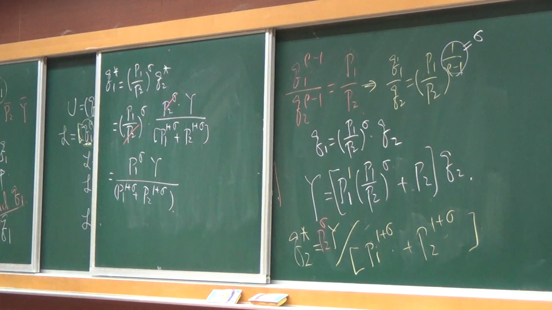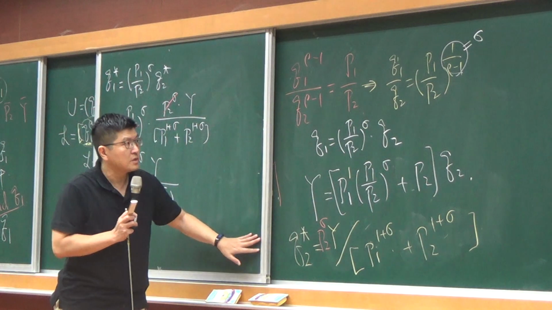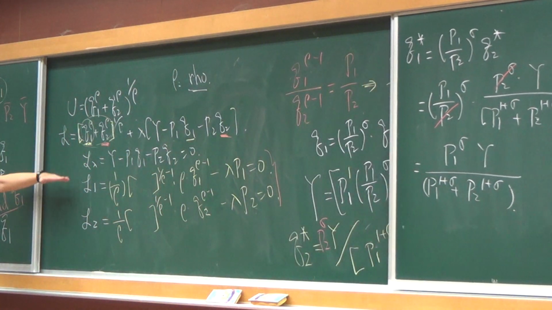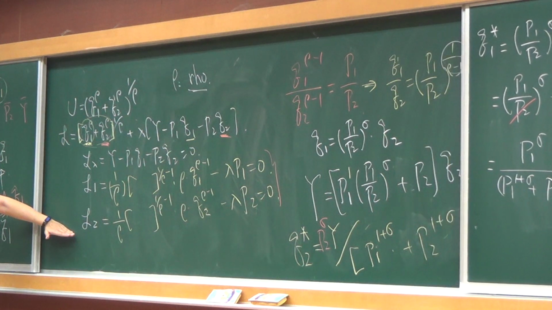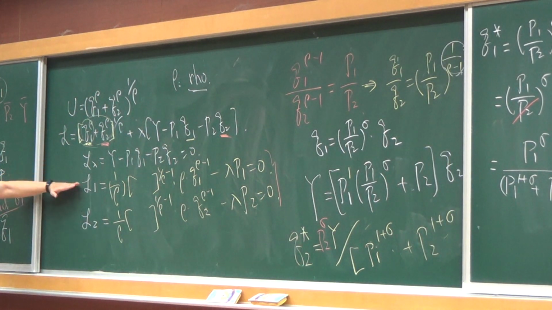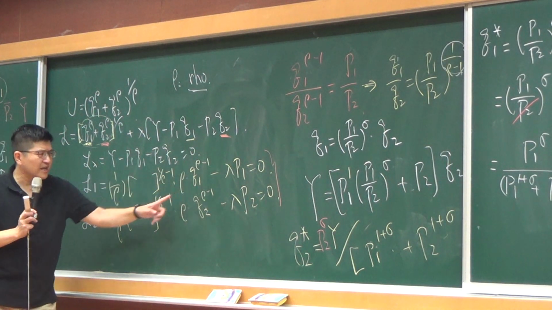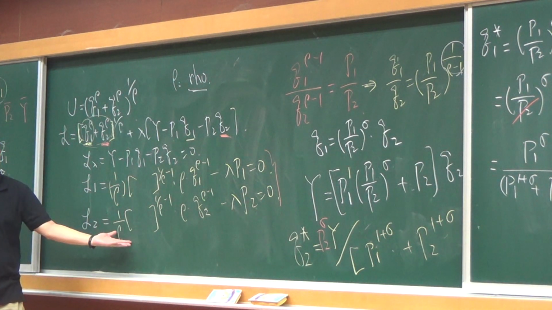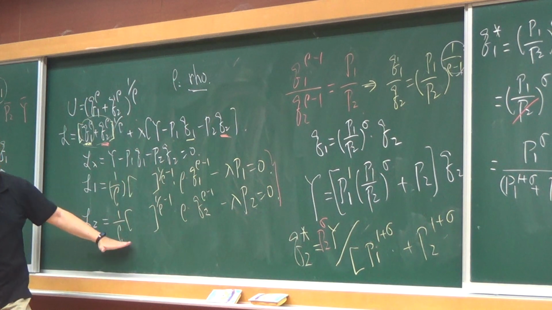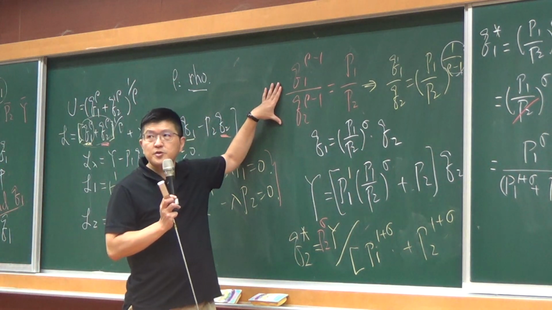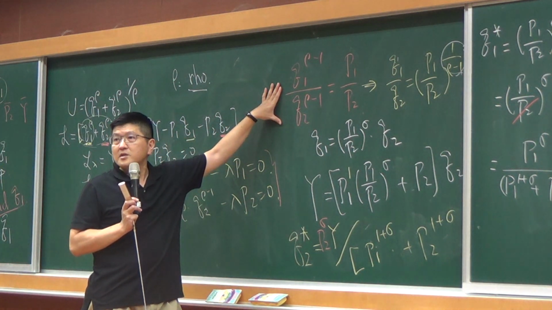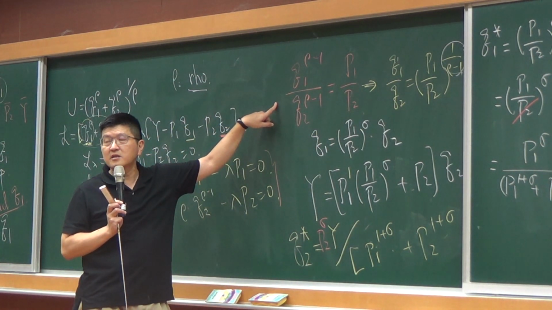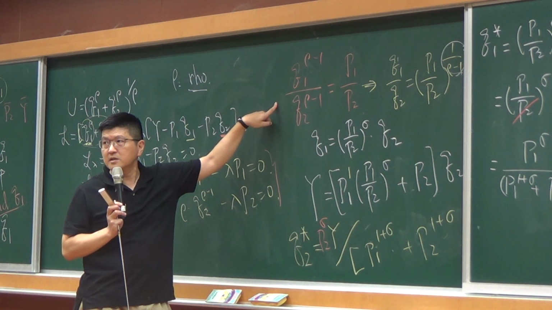So how to derive Q1 and Q2? Actually, you need these three first order conditions. The second and third look a little bit complicated, but you may just leave them here and they will be cancelled very soon, right? So to derive this condition is not as difficult as you imagine.